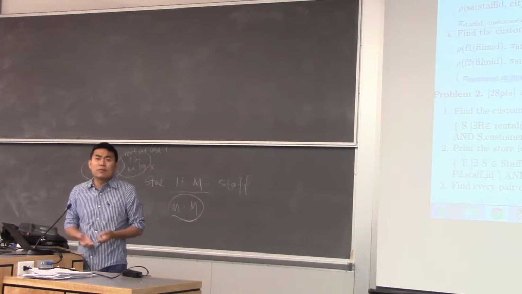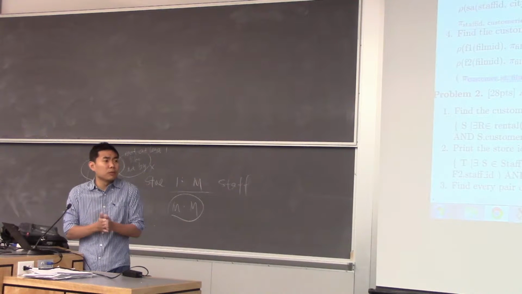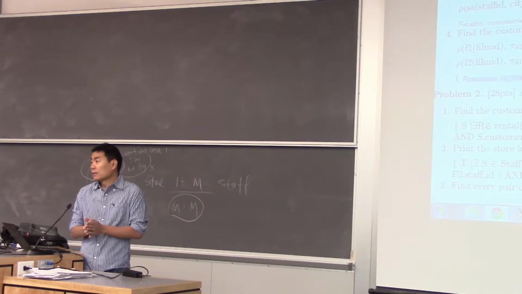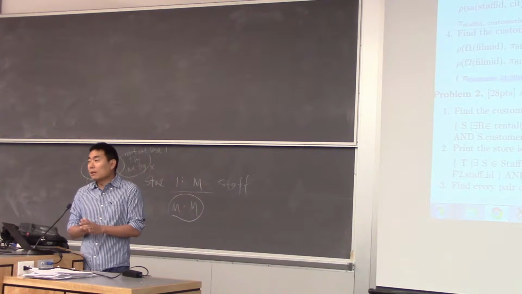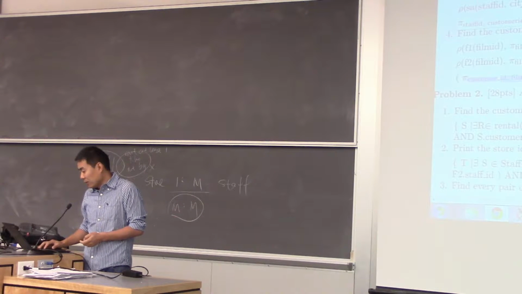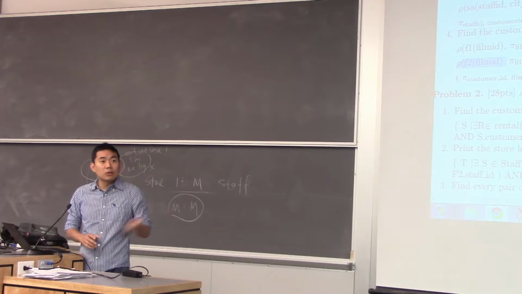And how do you find who has rented a film not by Emily D? That's trivial. Just a join between rental and the films not acted by Emily D, which is F2 right there. How do you define F2?